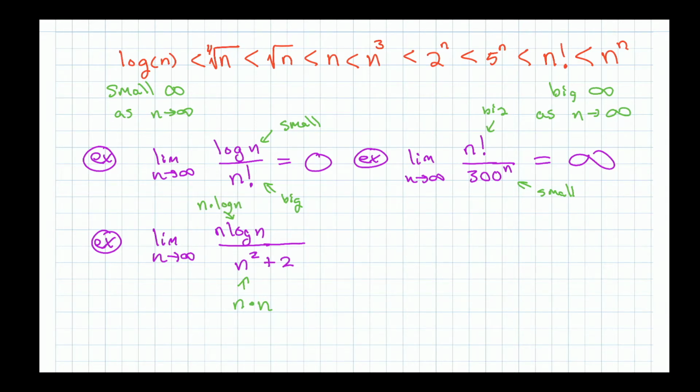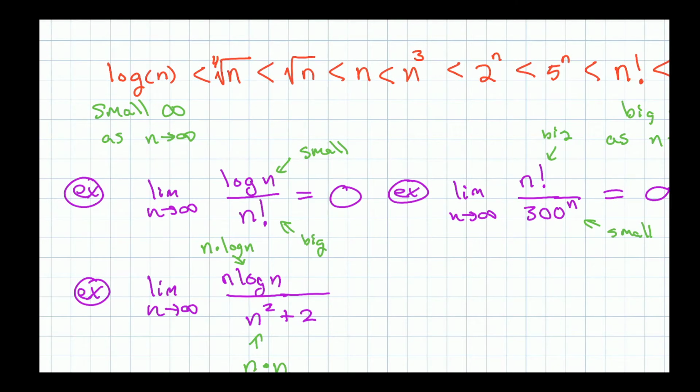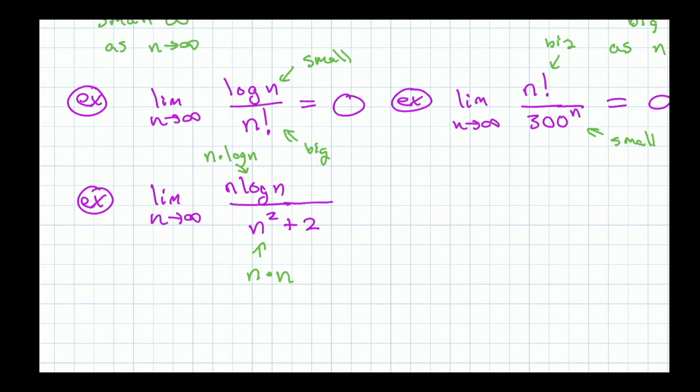Well, that means that we know that log n is smaller than n. From up here, log n's right here, n's way over here. So log n is smaller. So if you have n log n over n squared, then the n log n is the small one. So this has a small numerator and a big denominator. So that limit's 0.